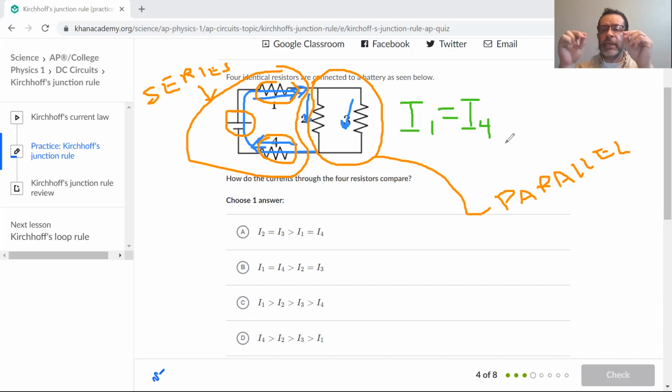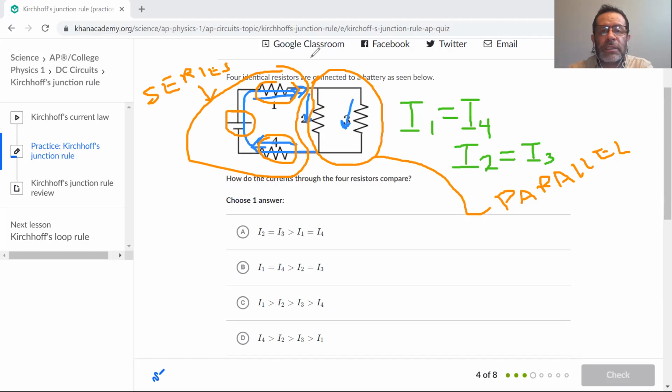Now, if it's a parallel connection, that means that the current is going to be divided. If the 2 resistors are exactly the same, how is the current going to be divided? Half and half. So that means that, like Carmina said, I2 is equal to I3.